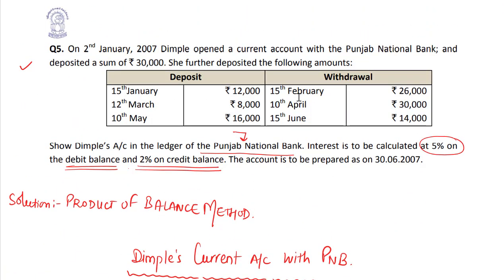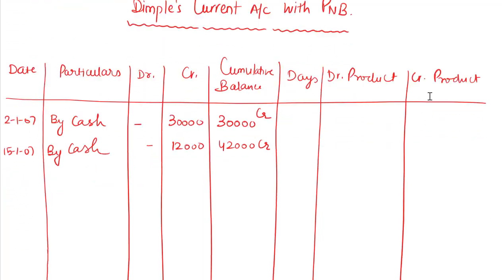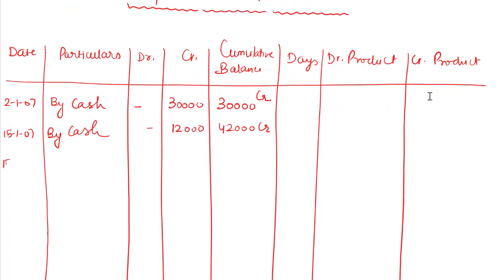Then 15th February, withdrawal of 26,000. 15th February 07, withdrawal of 26,000 to cash. Withdrawal goes in the debit column, credit dashed. 42,000 minus 26,000 is 16,000 credit.